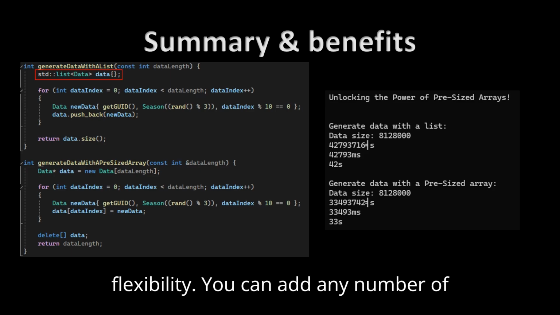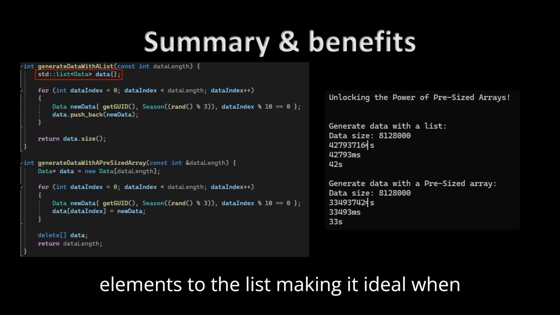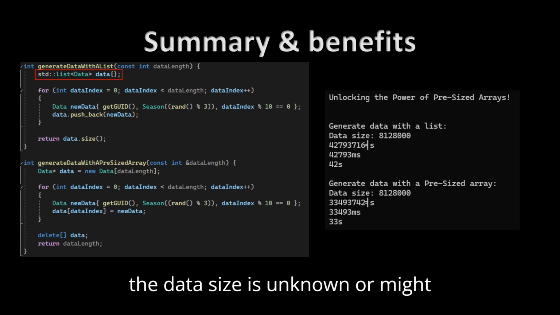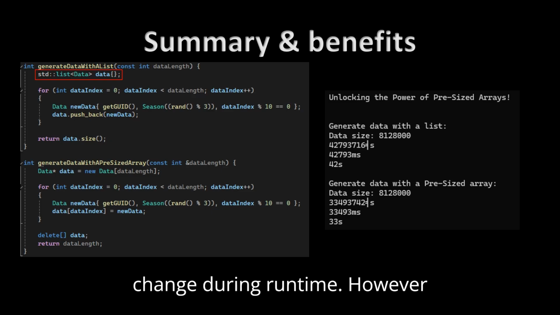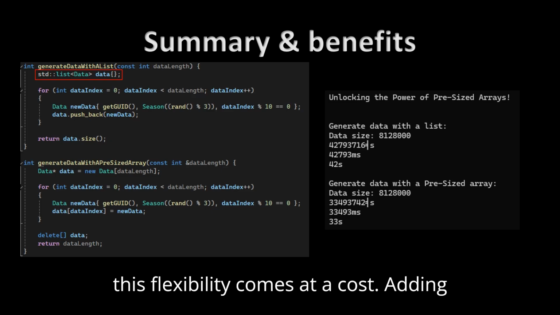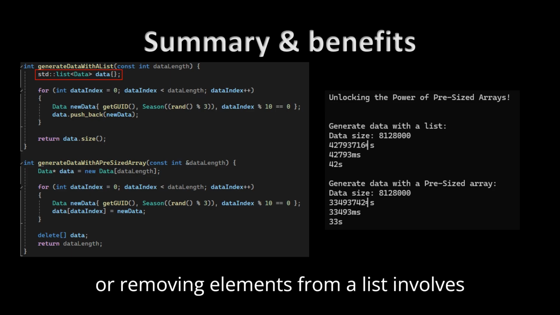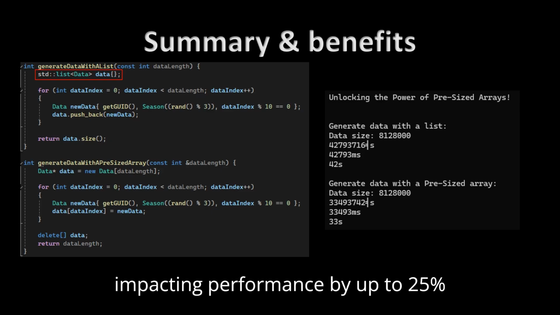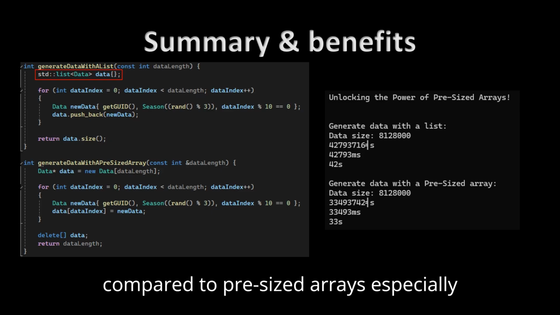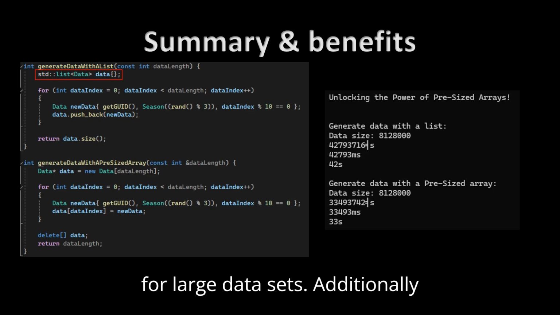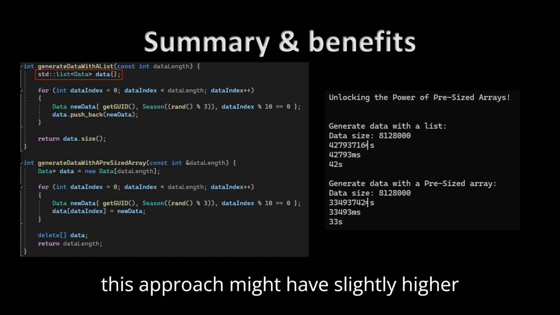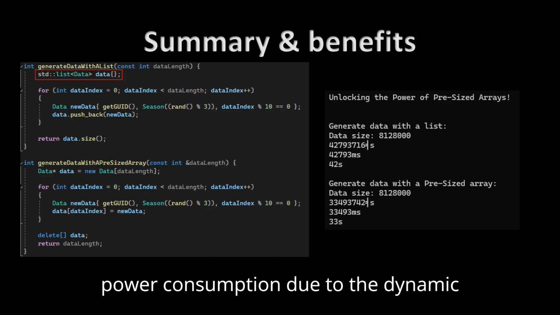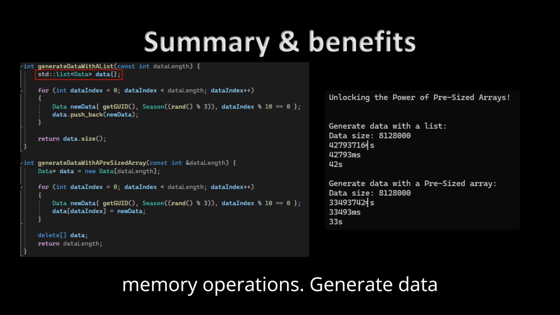You can add any number of elements to the list, making it ideal when the data size is unknown or might change during runtime. However, this flexibility comes at a cost. Adding or removing elements from a list involves memory management overhead, potentially impacting performance by up to 25% compared to pre-sized arrays, especially for large datasets. Additionally, this approach might have slightly higher power consumption due to the dynamic memory operations.